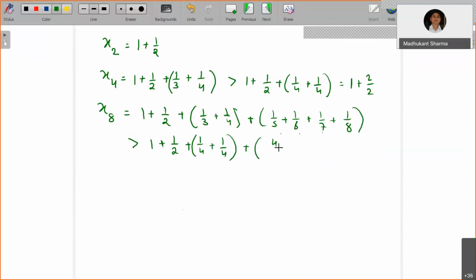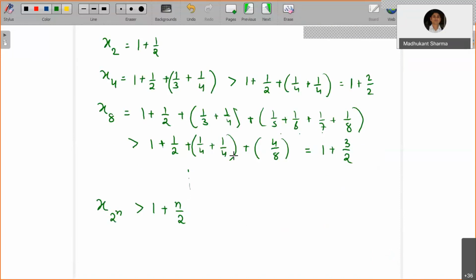That is 4 by 8, so that is equal to 1 plus 1 by 2 plus 1 by 2 plus 1 by 2, that is 3 by 2. And so on. So you can show that x2 to the n is greater than 1 plus n by 2.